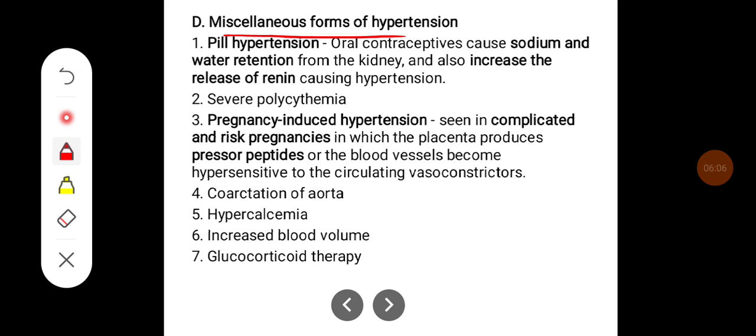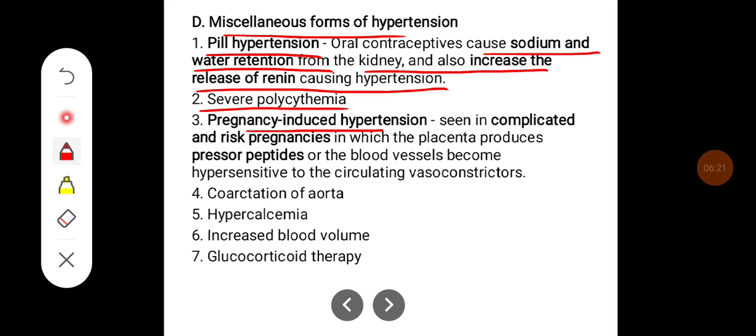Other forms of hypertension are the pill hypertension. Oral contraceptives cause sodium and water retention from kidney and also increase the release of renin, causing hypertension. Severe polycythemia, pregnancy induced hypertension.